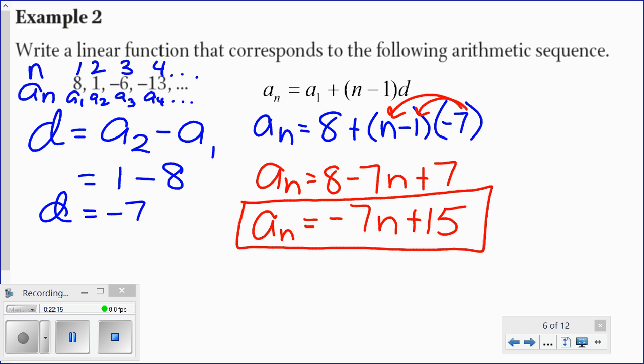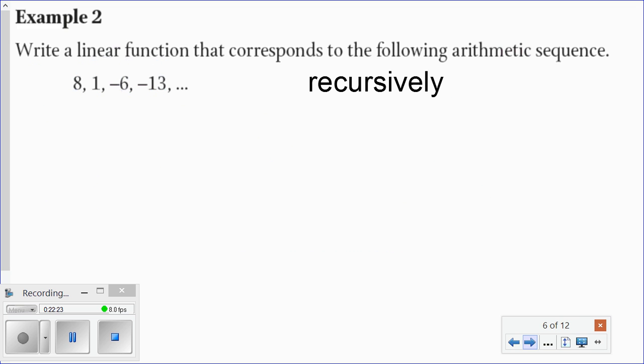So now we are going to take a step back. Or no, here, we'll go over here. And we're going to define it recursively. We also talked about this before when we talked about sequencing. Explicit meant for any input, you could find any output, right?